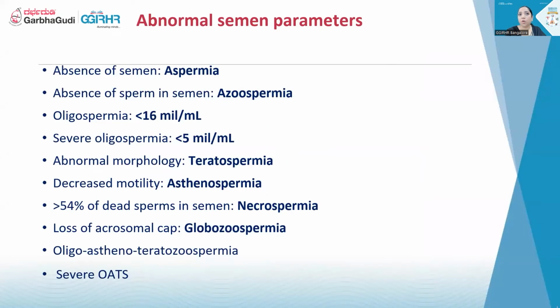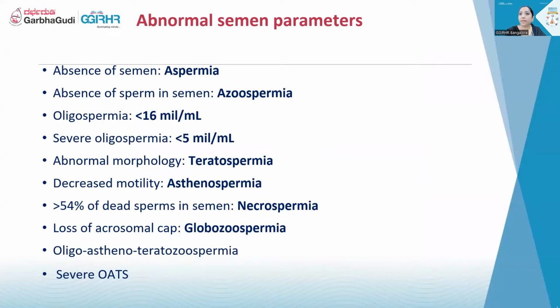Then coming to the abnormal parameters in concluding the reports, maybe what you see in the report is aspermia, that is the absence of semen itself. And then azoospermia, as we discussed, is the absence of sperm in the semen. Oligo is when the count is less than 16 million per ml.